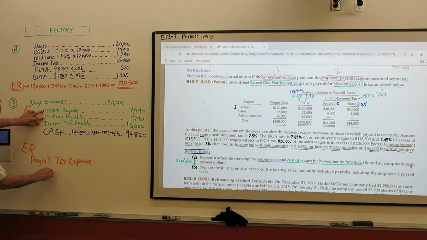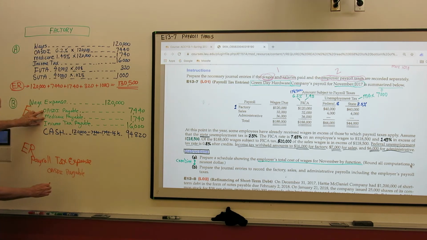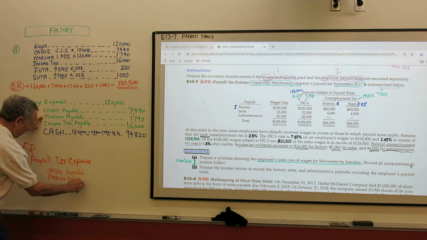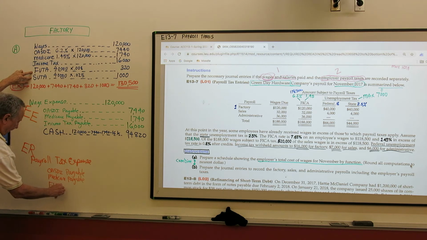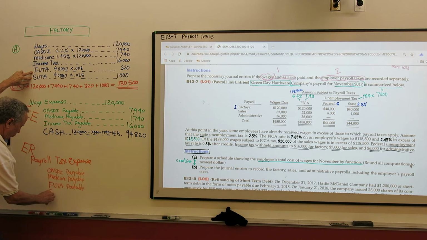It's going to be OASDI payable, Medicare payable, and oh, FUTA and SUTA, I forgot. We have to do FUTA payable and SUTA payable.